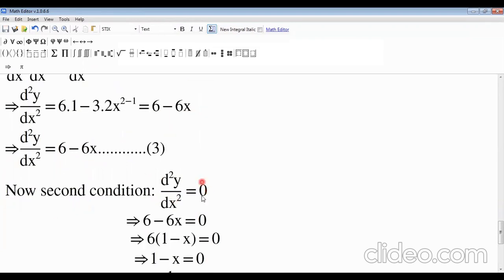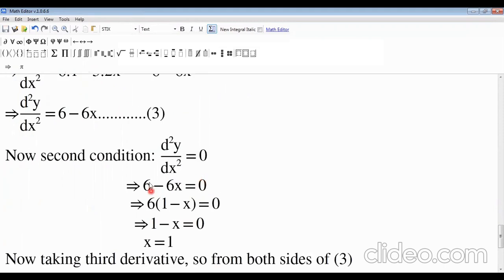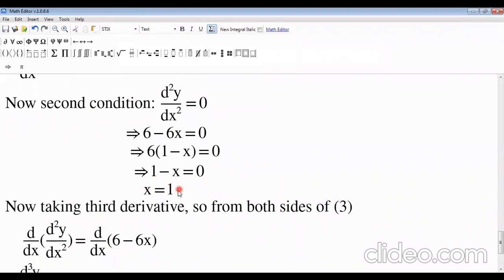Now the second condition: we are testing where 6 minus 6x equals 0, because the second derivative equals 6 minus 6x. Taking 6 common, we get 1 minus x equals 0. That means x equals 1.